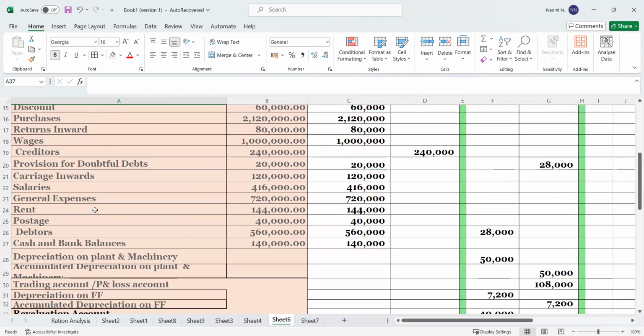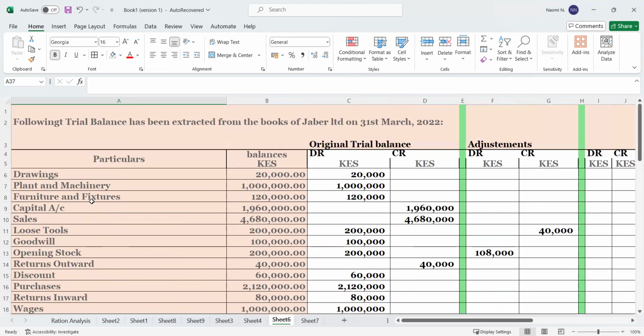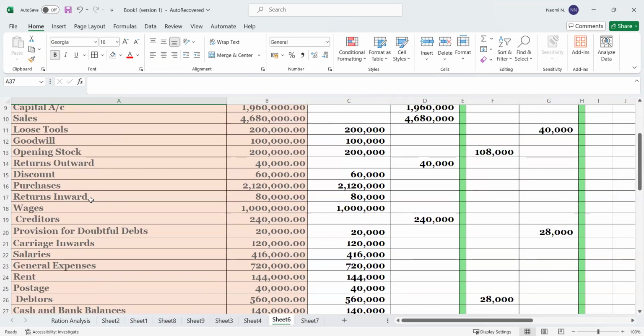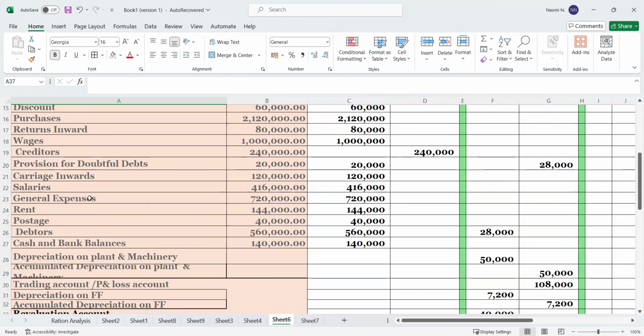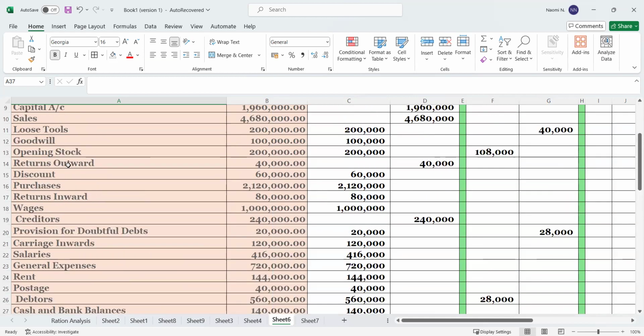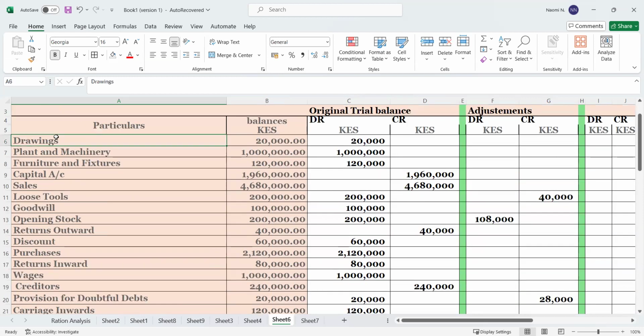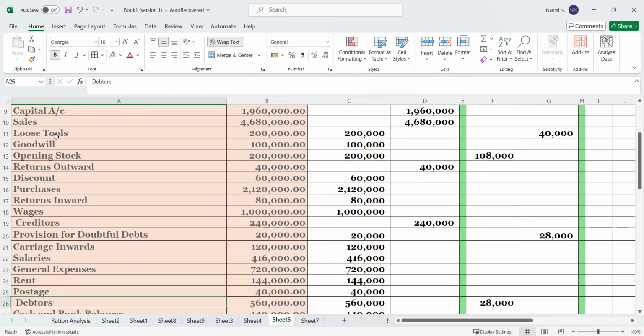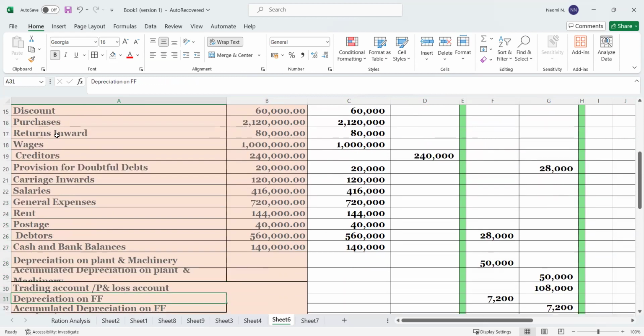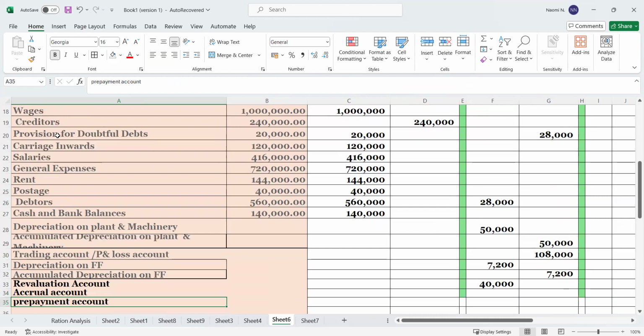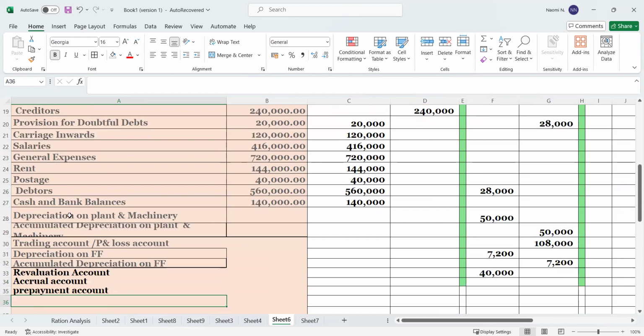Let's go to remuneration. Or we do not have that account, we need to create. So we will also have to create a remuneration account. I'm not seeing it.